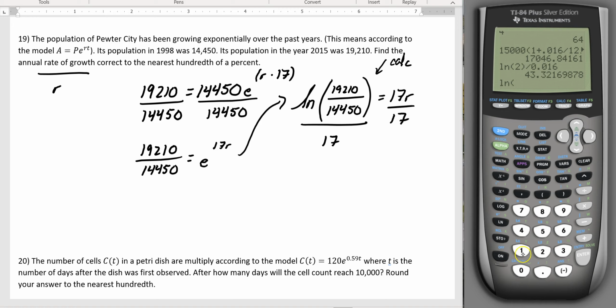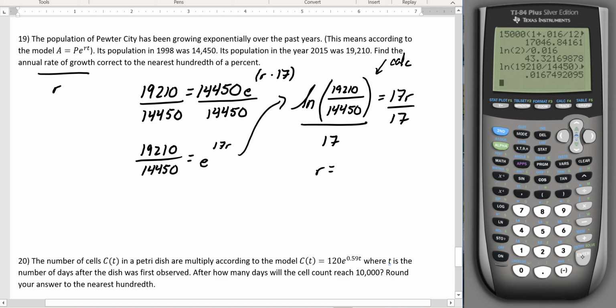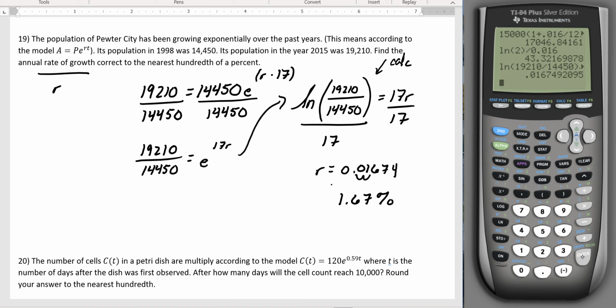So the natural log of 19,210 divided by 14,450, close that parenthesis, and then all of that divided by 17, we should get a decimal here, 0.01674. So r equals 0.01674. Now think about this though. Remember the rate is written as a percentage, so we need to move this decimal place over a couple. So 1.67% would be our rate there.